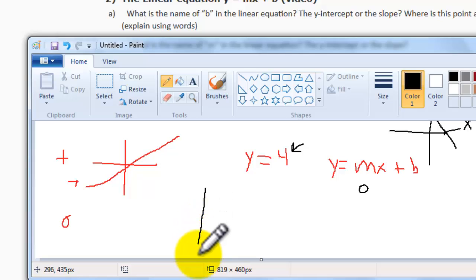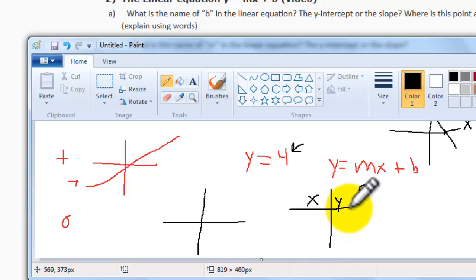What that actually looks like is when we plot the graph, no matter what value x is, y is 4. 4, 4, forever. It doesn't matter what I put in here. I could put -1, I could put -201.